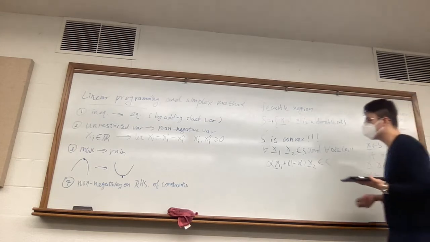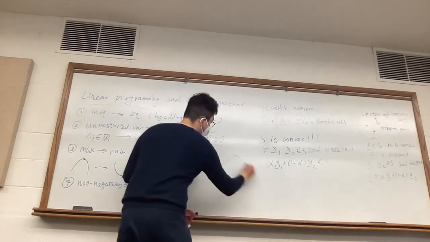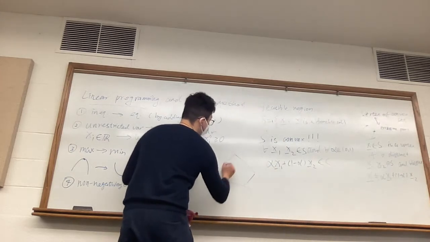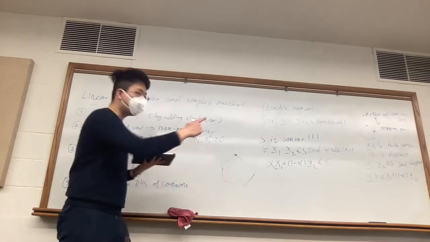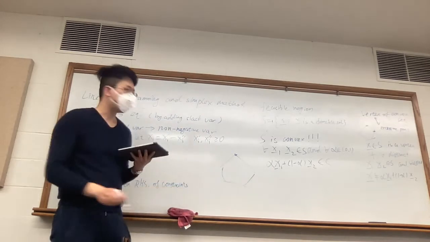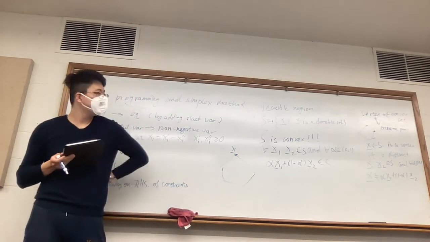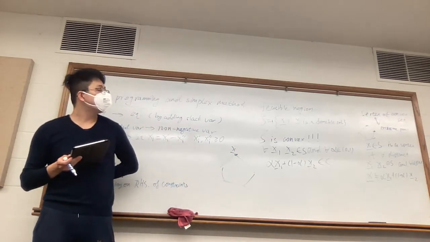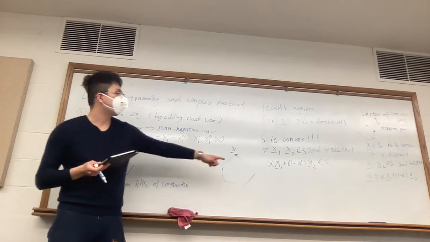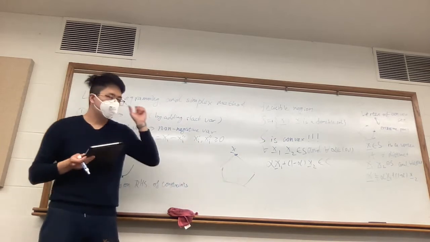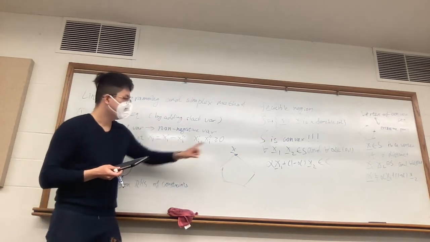So think about this. Suppose this is a convex set, and from the shape you see that this x is a vertex, right? Can you find any two distinct points in this pentagon such that you do a convex combination and you can get x?